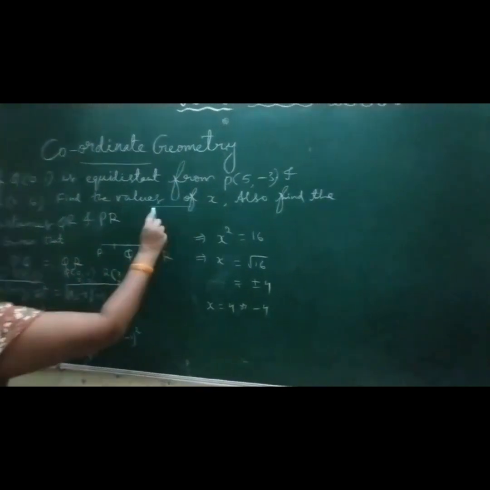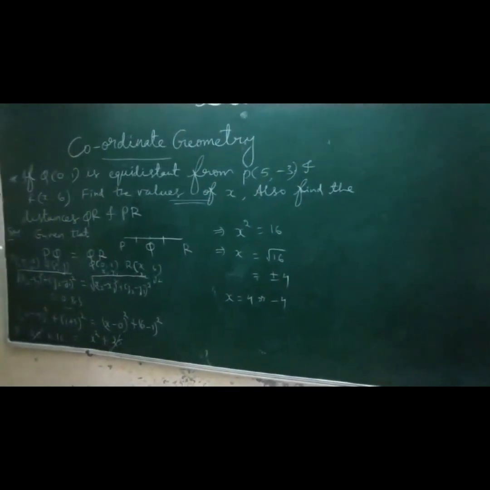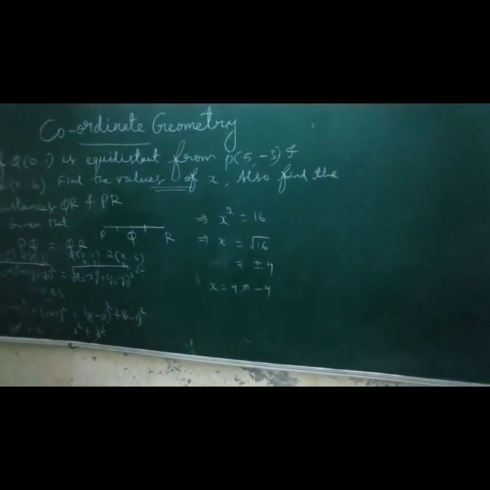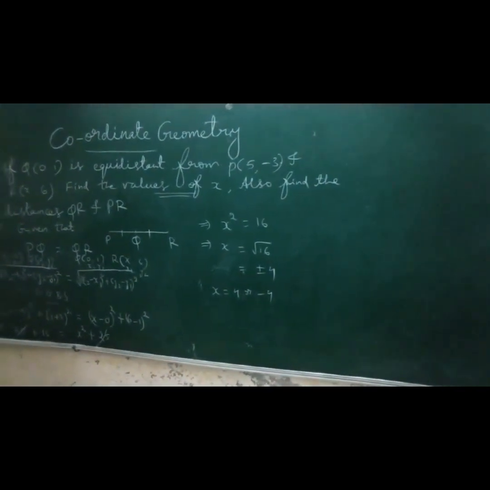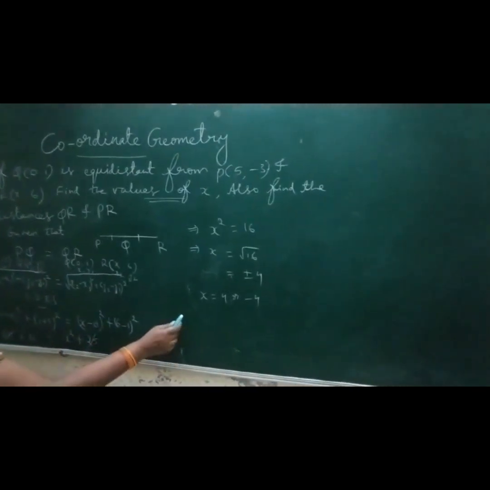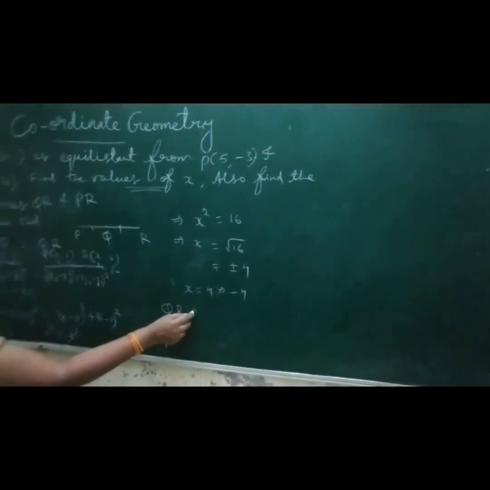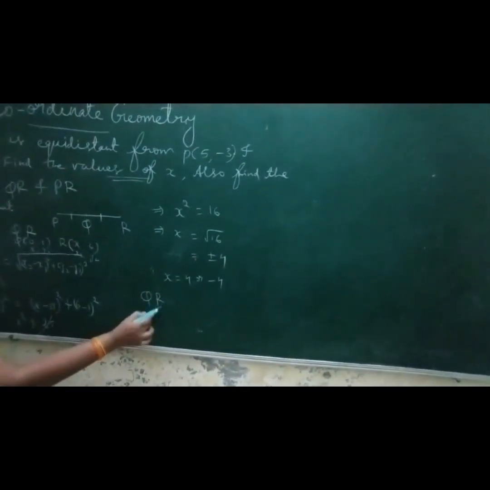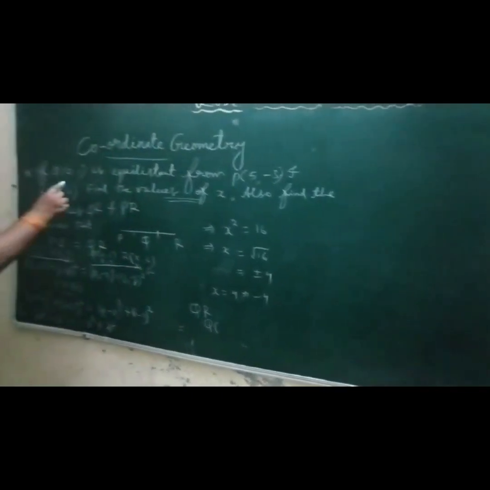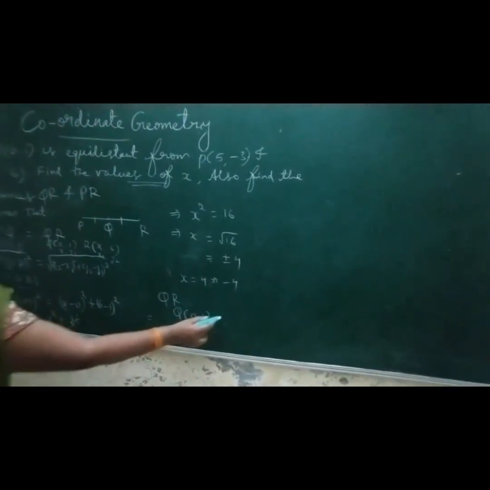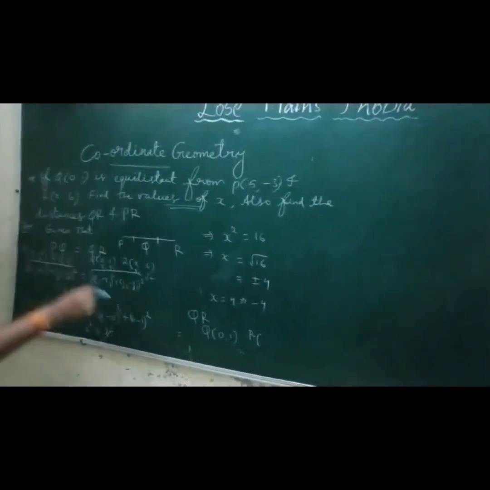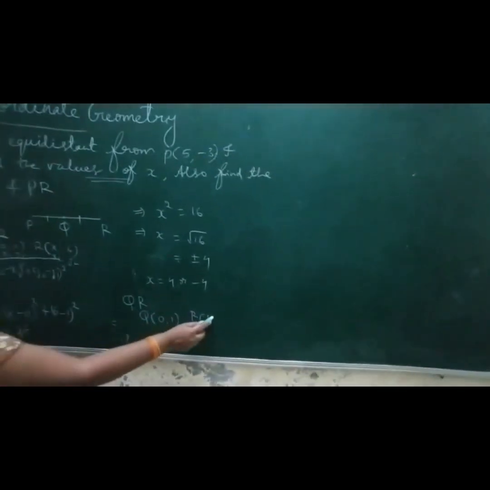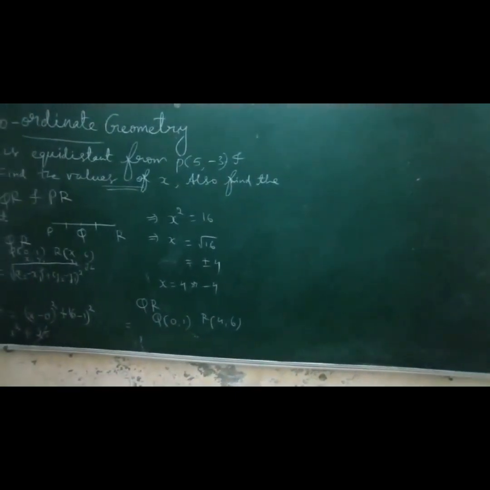One question is completed. Now we need to find the distances QR and PR by replacing x by 4 one time and x as minus 4 another time. So let us find the distance QR. Q we have already known is (0, 1). And R, just now we have found x as 4 or minus 4, so x can be replaced by 4 and written as (4, 6).